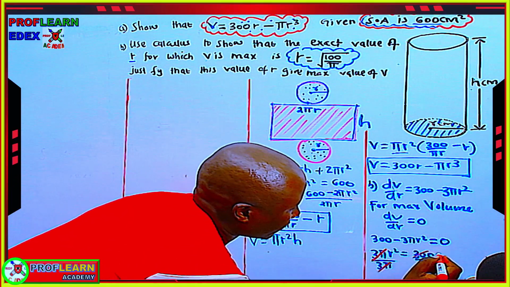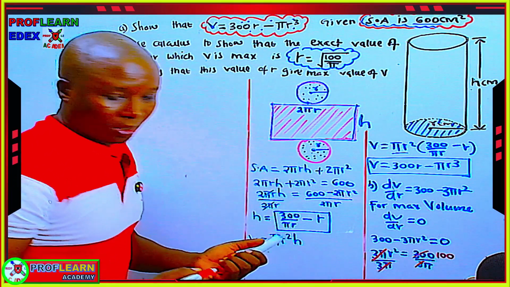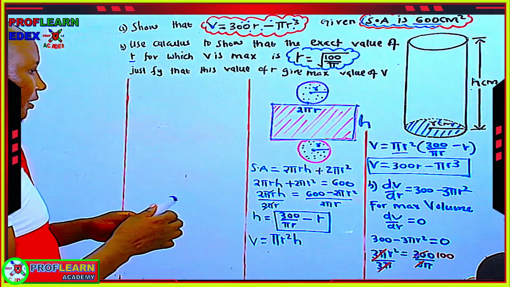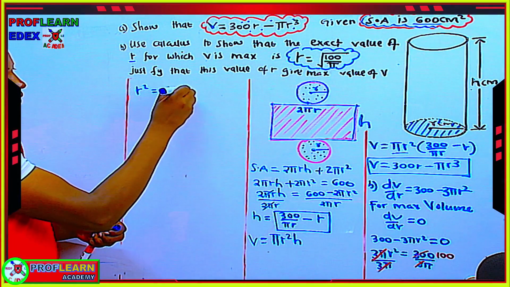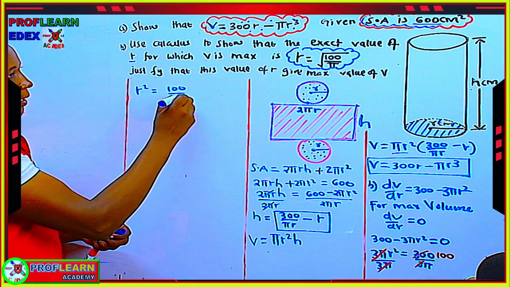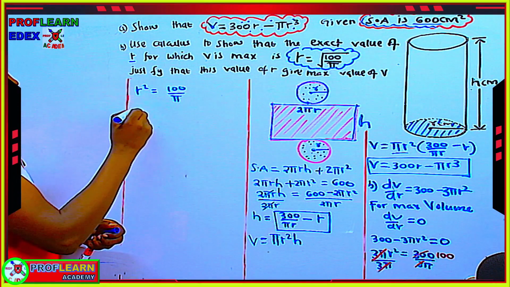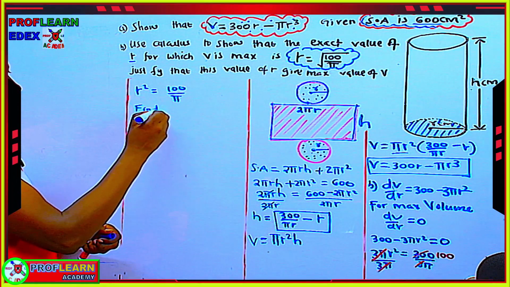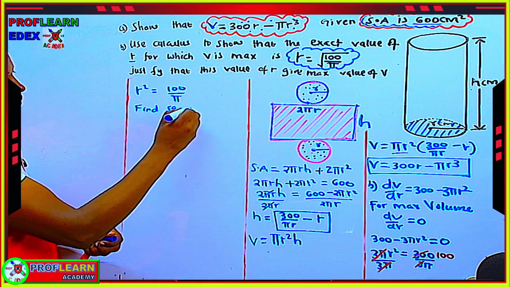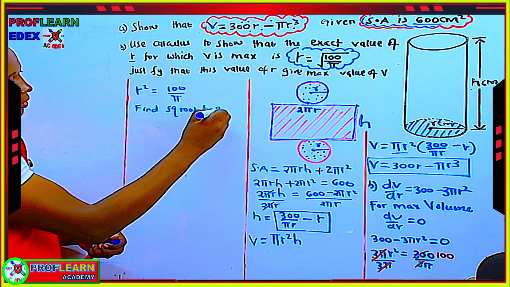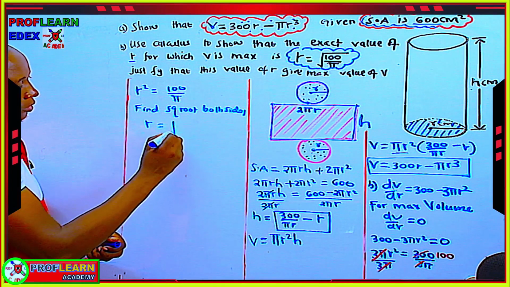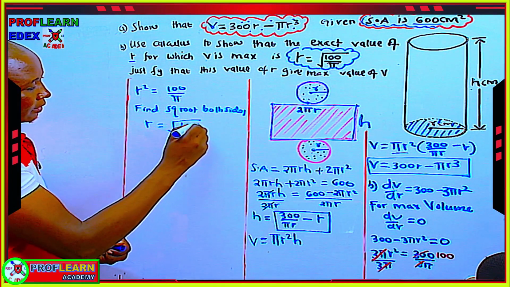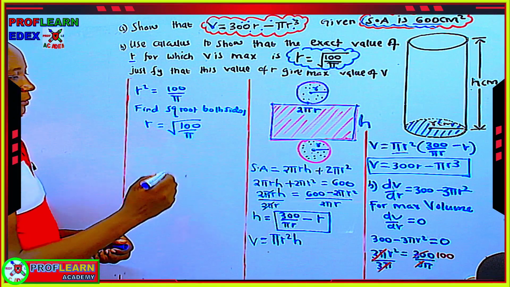This is going to translate to 100. So our final answer in this case, we are going to say r squared is equal to 100 over pi. So meaning, to find r, you need to find the square root of both sides, which means our r is going to be the square root of 100 over pi.